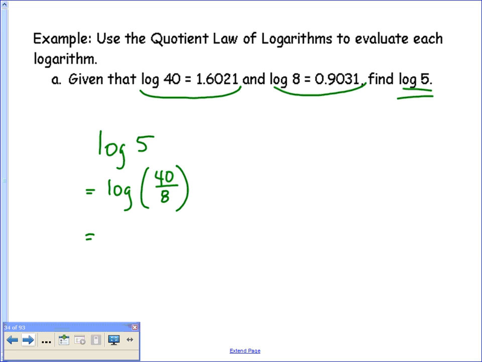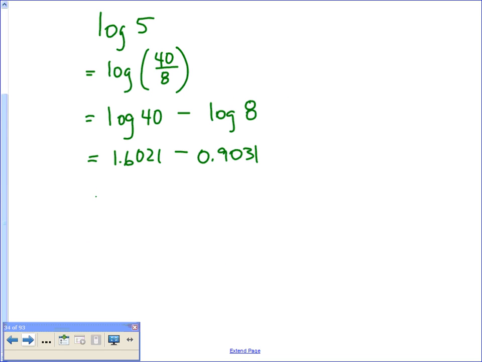Using the quotient law, I can say log of 40 minus the log of 8. Then I just plug in the values that I know, 1.6021 minus 0.9031, and I simplify that, and I get 0.6990.